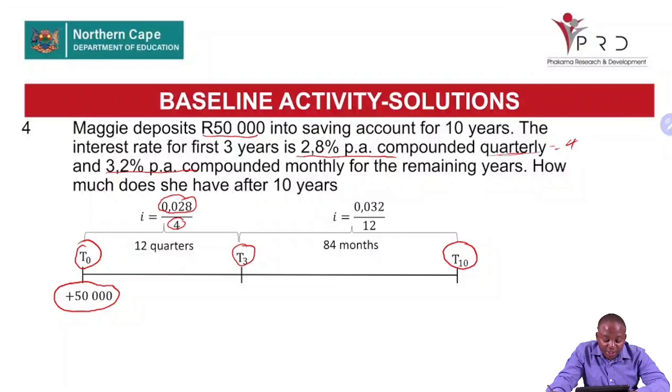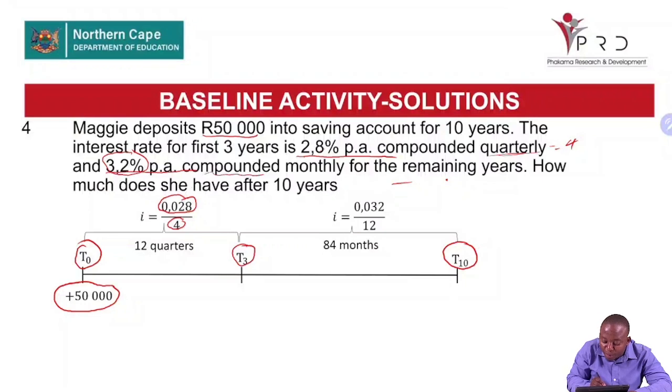And now there is another change. They're saying there's a 3.2% per annum compounded monthly for the remaining years. That means from T3 until T10, which is the end of our period, there is a new interest rate of 3.2. Remember, it is given as a percentage. We divide by 100 to get it in decimal form. That is to say now we're having 0.032 all over the compounding period. What is the compounding period for this new interest rate?